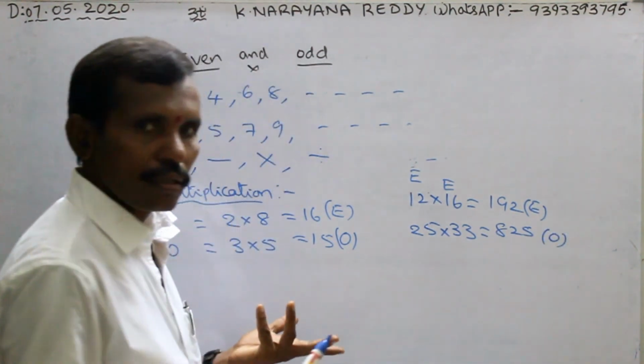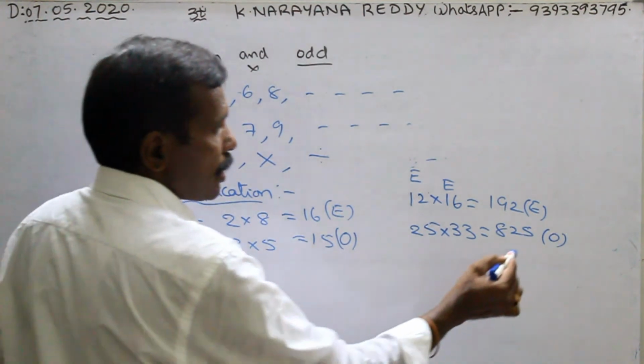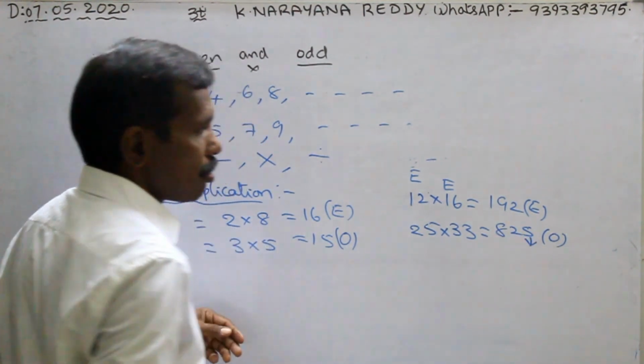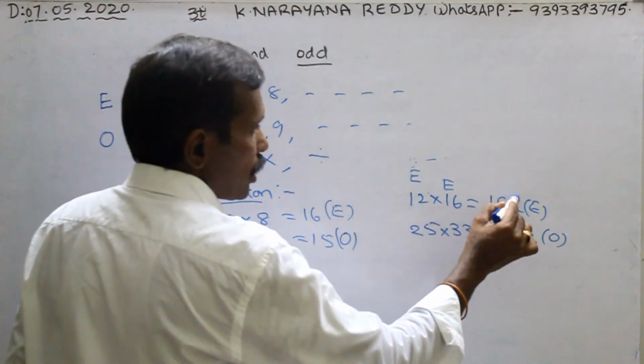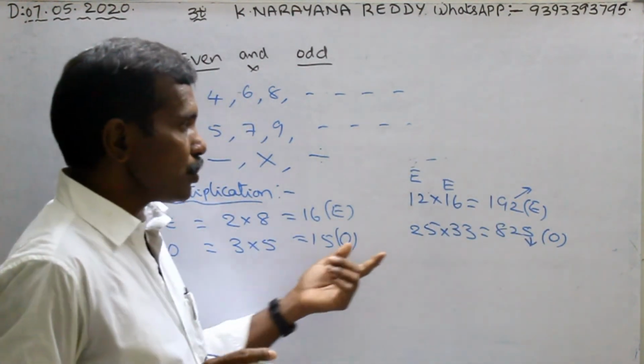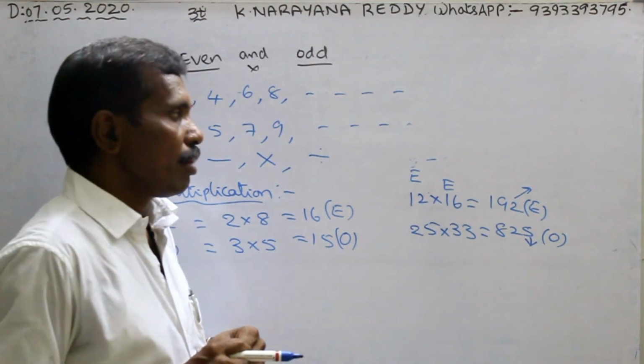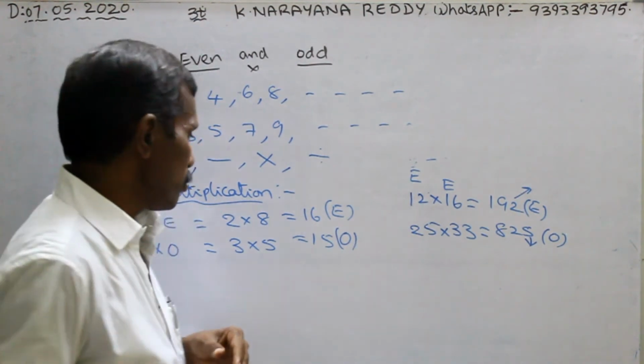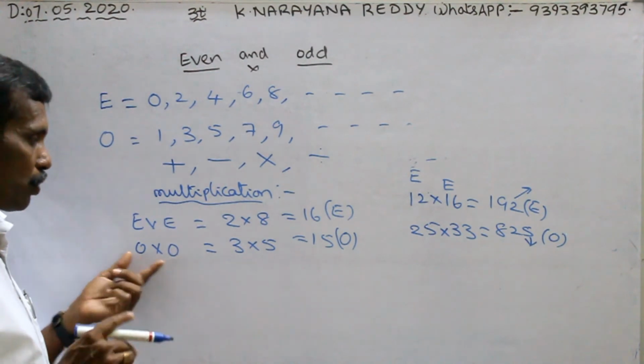Odd. Simply, it depends on the last digit. So in this way you can easily identify which is odd or even by doing this multiplication, odd into odd.